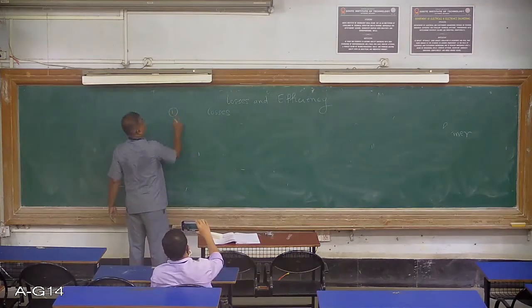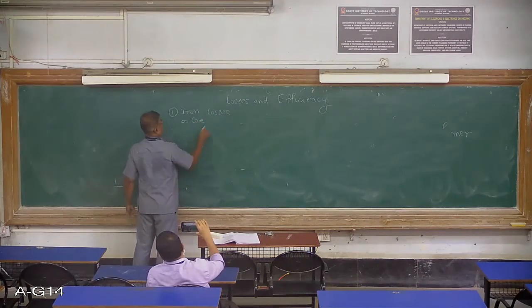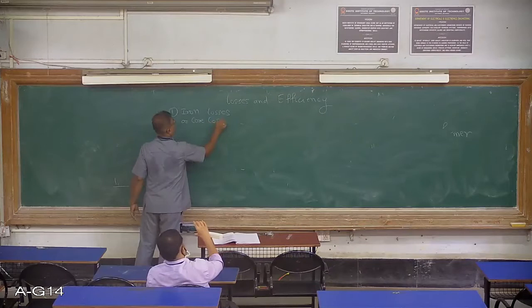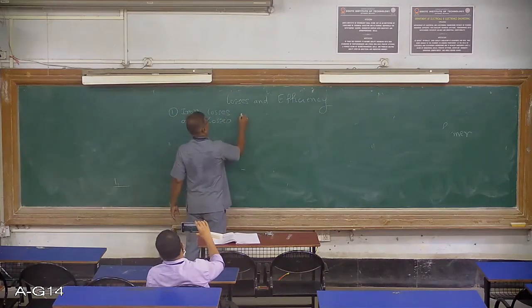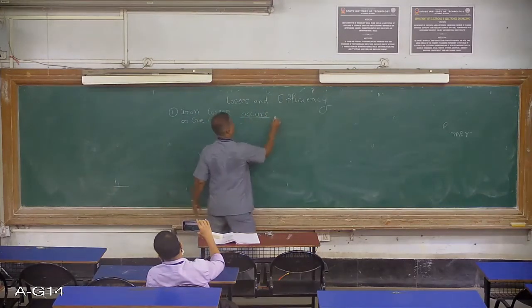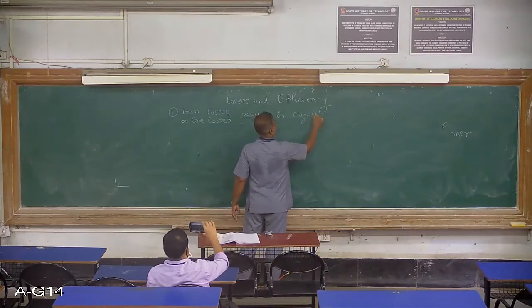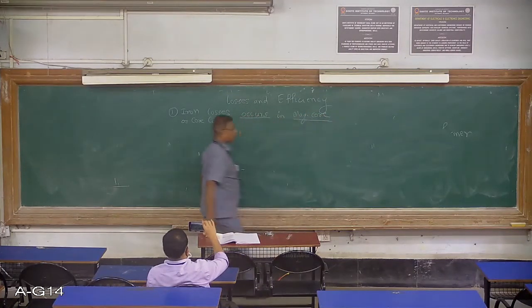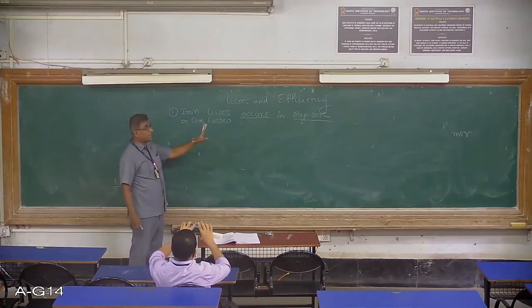Let us enumerate the various losses in the transformer. One is iron losses, or core losses. Iron losses and core losses mean the same. This occurs in the iron portion of the transformer, which is the magnetic core.